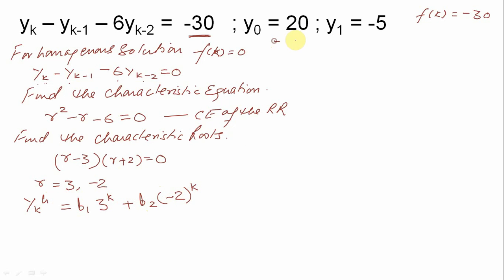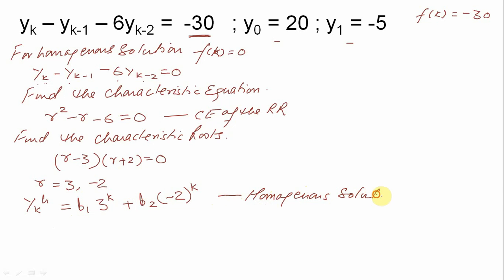Although we have been given the initial conditions, we are not going to use the initial conditions over here. We will delay the process of using the initial conditions to find the constants to the very end of the solution. So now I have obtained the homogeneous solution.